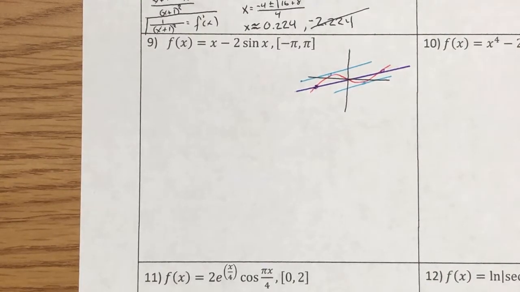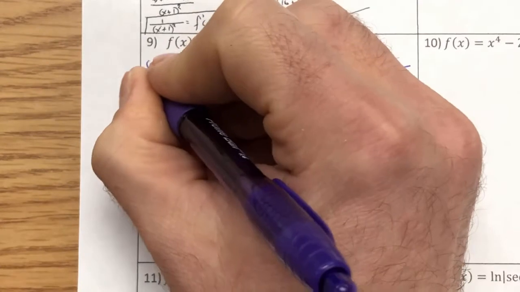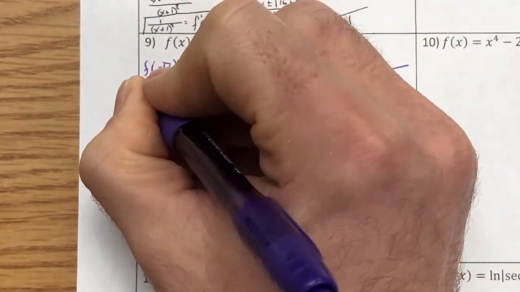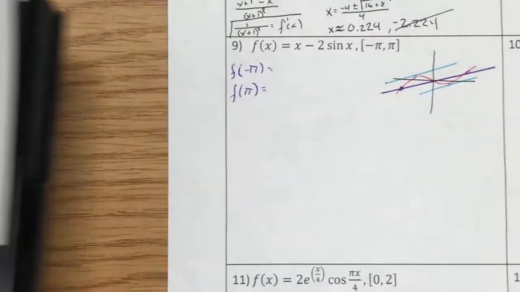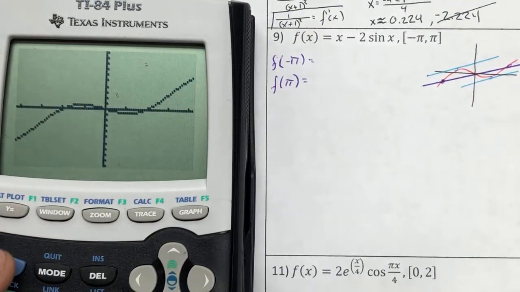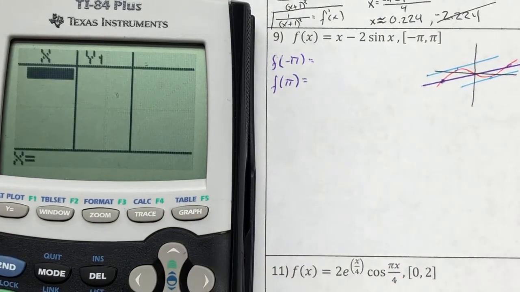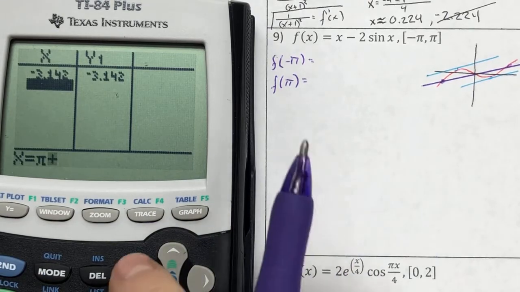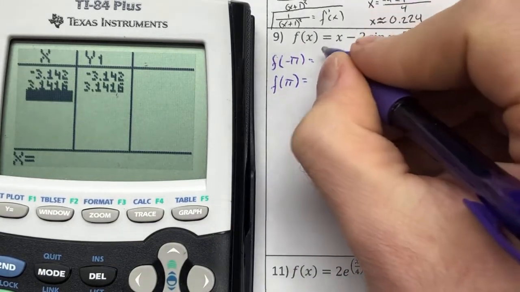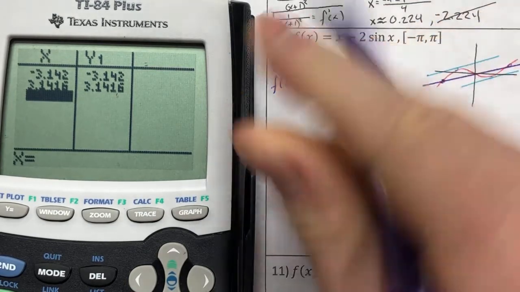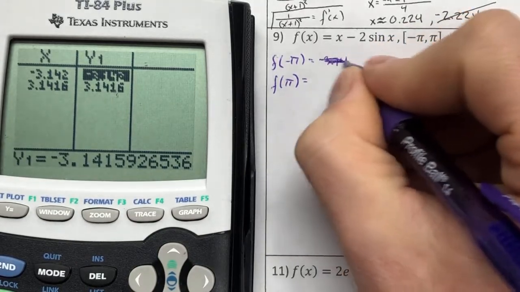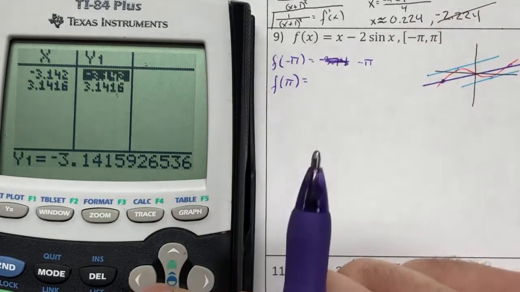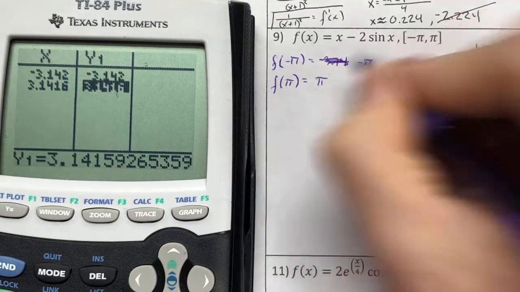So the first thing I need to do is figure out what that secant slope is, which means I'm going to have to plug in a negative pi and a pi. Let's see what we get. So let's go to our table. For negative pi, I get negative 3.14, and for this one, I get a positive pi.